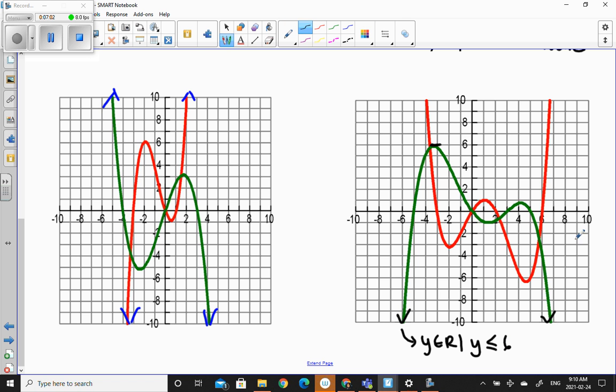Now we're not going to go above 6. And for this one here, there's a restriction that says the lowest y can go is, let's say, negative 6.5. So y is a real number such that y is greater than or equal to negative 6.5. So based on the function you have, you may have to indicate the restrictions. And these two are also examples of quartic functions which have a degree of 4.